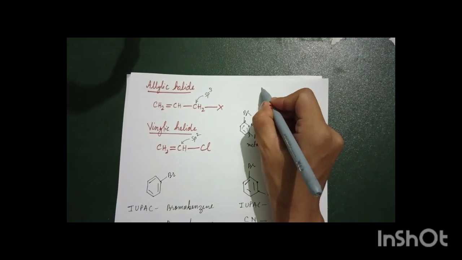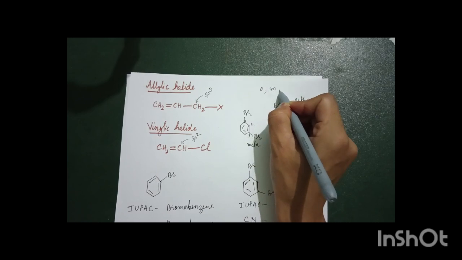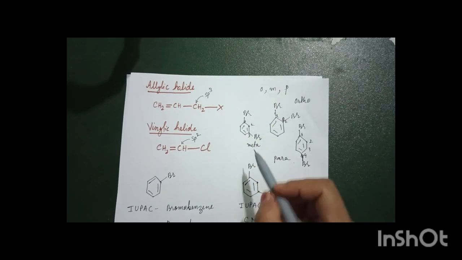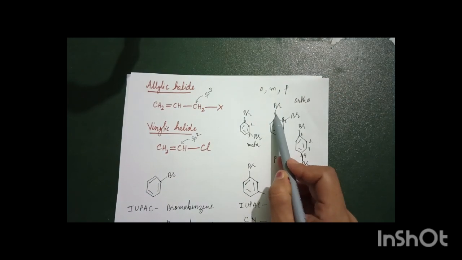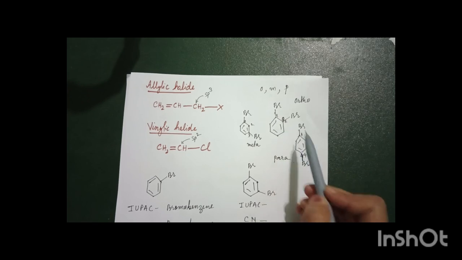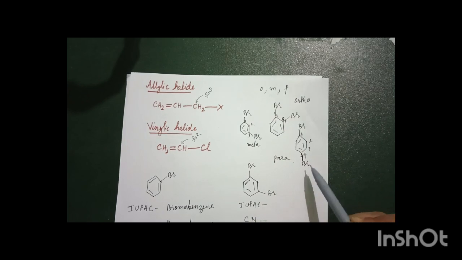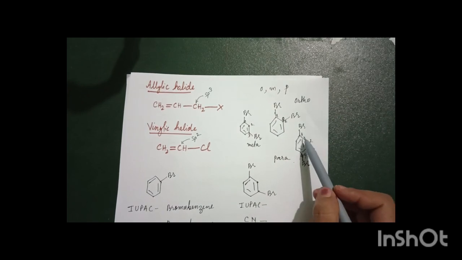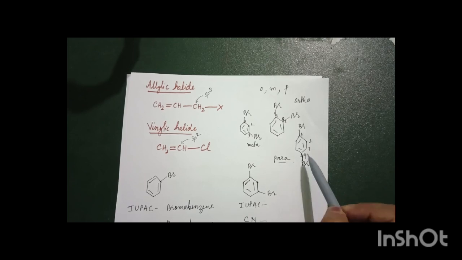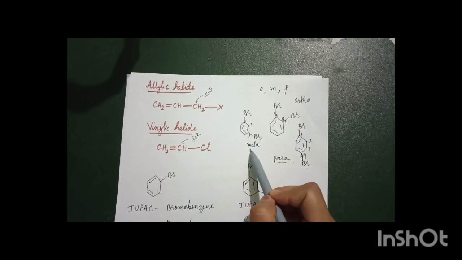So we will use ortho as O, meta as M, and para as P. With respect to this, in the 2nd position it is called ortho; in the 4th position it is called para; in the 3rd position, 1, 3 position, it is meta.